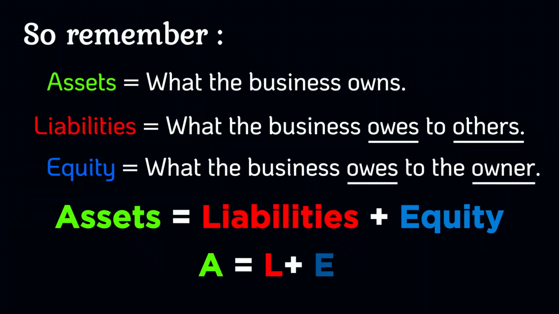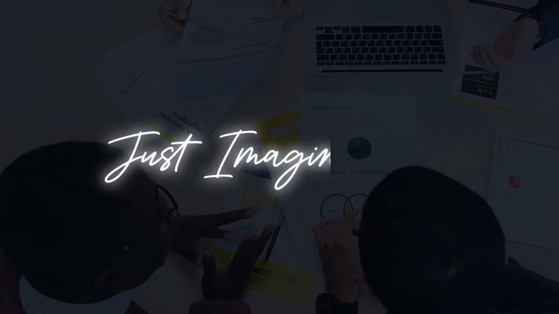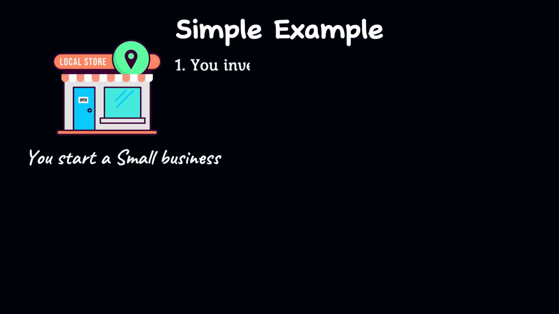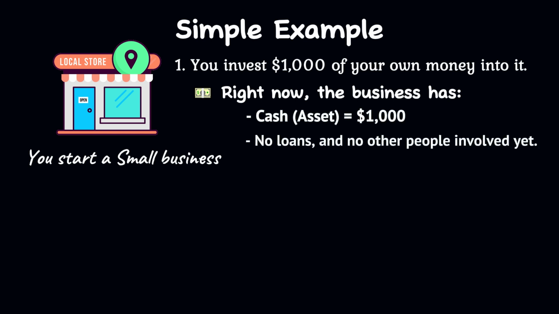Now, let us see how the accounting equation works in a real-life example. Just imagine this. You start a small business, you invest $1,000 of your money into your business. So right now, the business has $1,000 in cash, no loans, and no other people involved yet. So how does the accounting equation look?